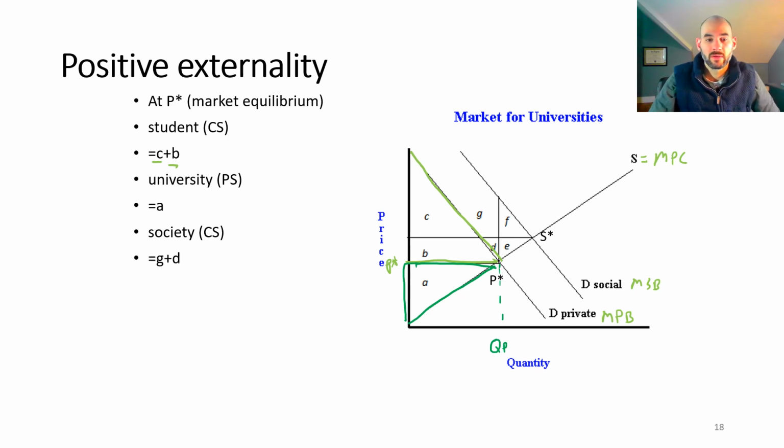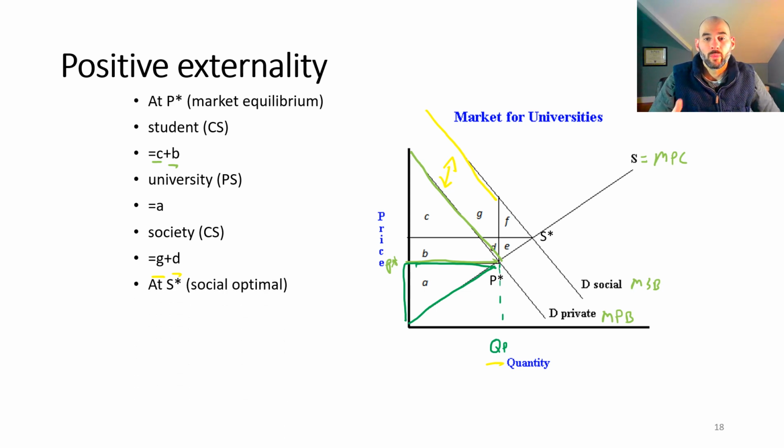And so here we're looking at the difference between the marginal private benefit and the marginal social benefit for each of those QP units produced. And so then we have area G and area D, which are capturing the value of the positive externality, the social benefit, the benefit to society.